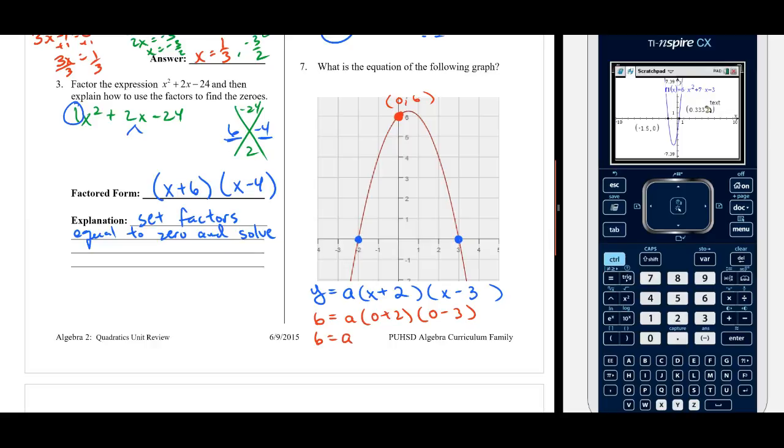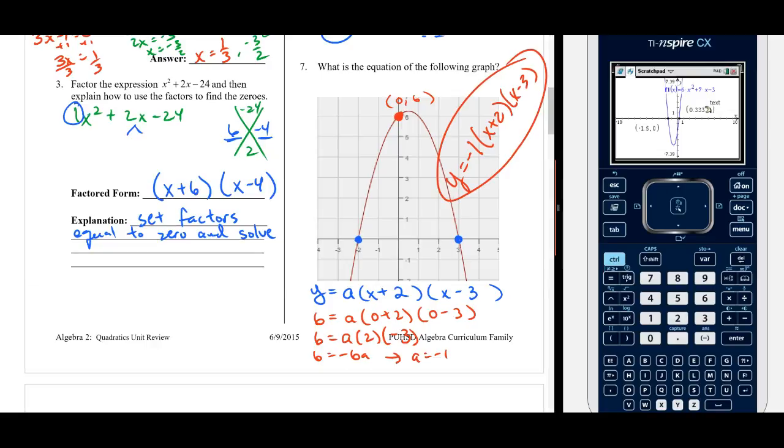So 6 equals a times 2 times negative 3. That's going to be negative 6. So 6 equals negative 6a, which means that a has to be negative 1. So my equation then is going to be y equals negative 1 times x plus 2 times x minus 3.